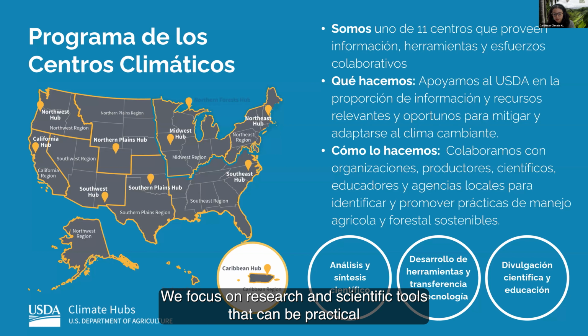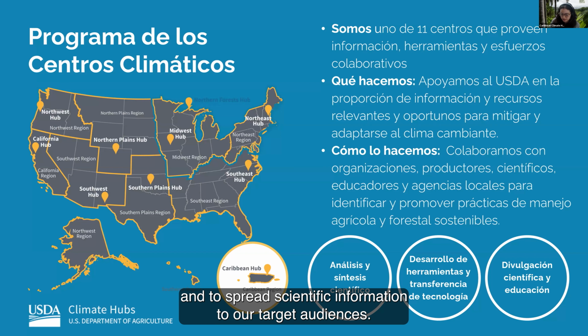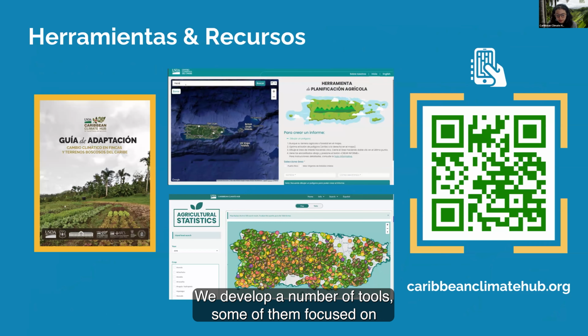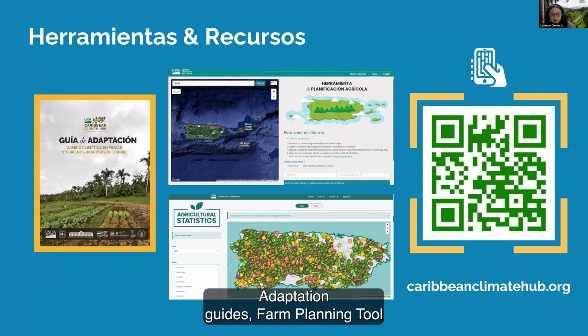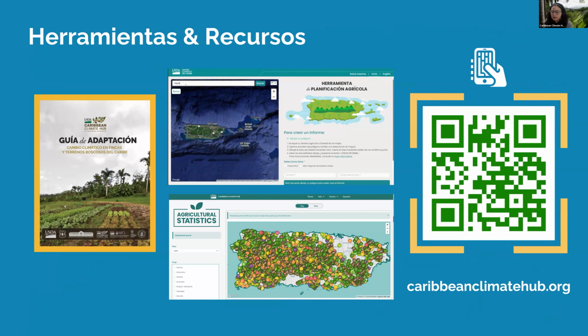We focus on research and scientific tools that can be practical and to spread scientific information to our target audiences. We develop a number of tools, some of them focused on helping people in their process of decision making, like the climate adaptation guides, planification in agriculture, and agricultural statistics.